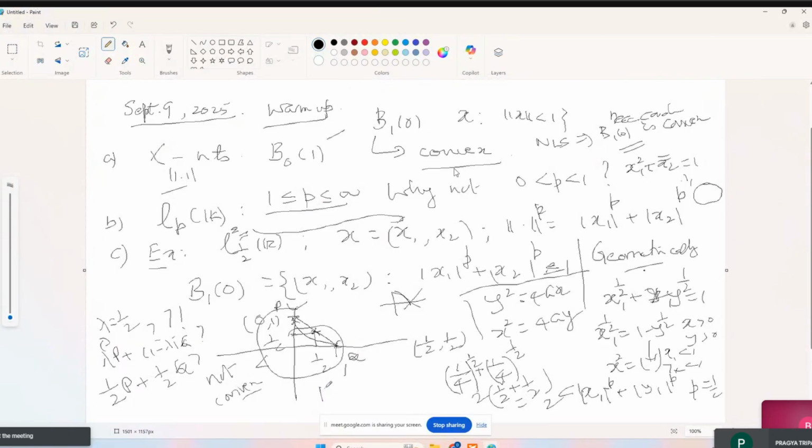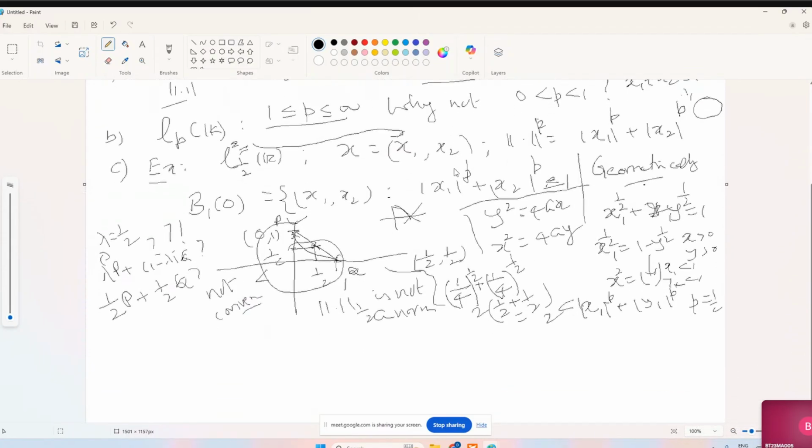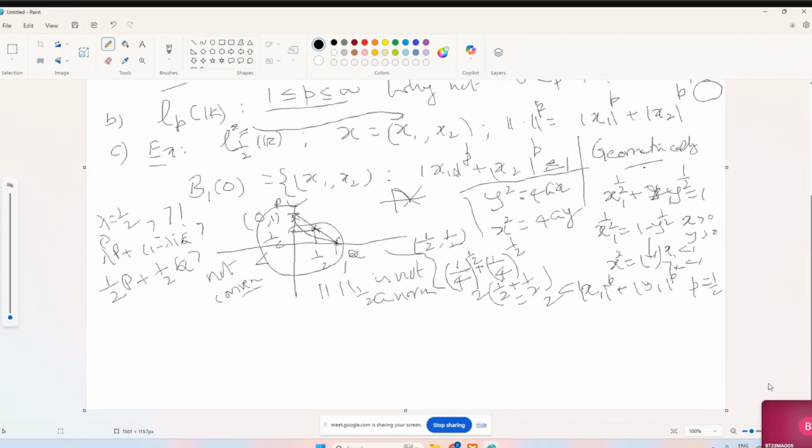Therefore, this half norm is not a norm. That is the reason why you always take P to be between 0 and 1... sorry, that is why you always take 1 less than or equal to P less than or equal to infinity.